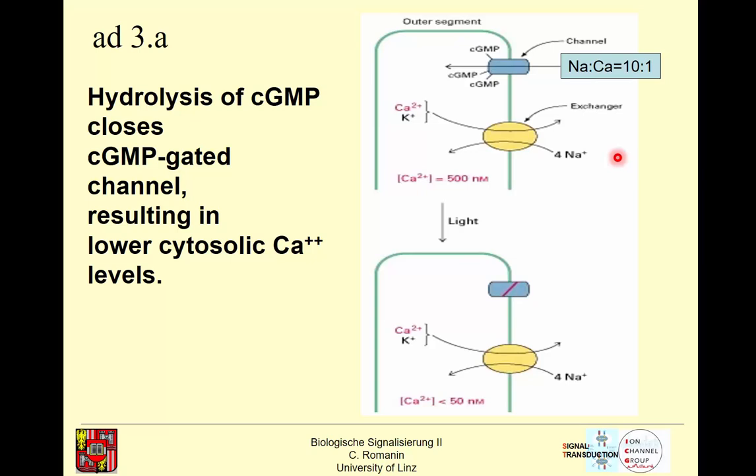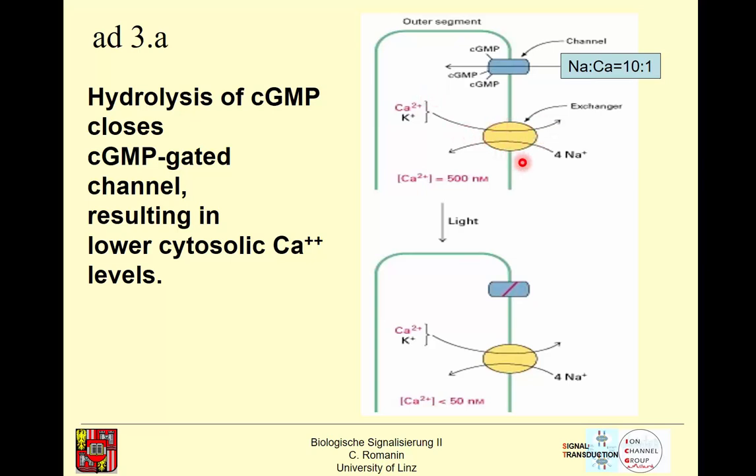So when these channels are open in the dark state, this would end up in a very high calcium concentration. And as we have heard before in the topic with the negative feedback mechanism with calcium channels, here it's also important to somehow limit the increase in the cytosolic calcium concentration.